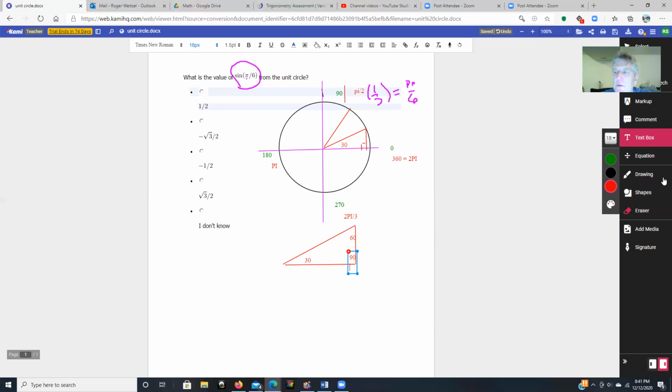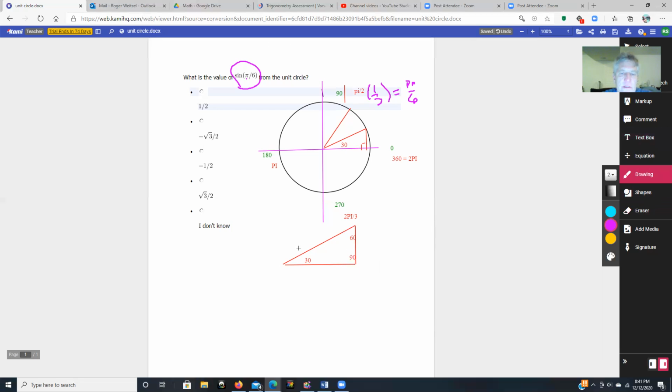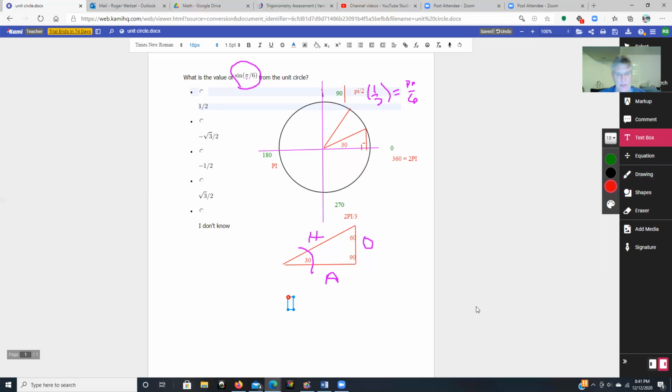What we're trying to do is to establish these sides. And I know that in relationship to this angle, this is the opposite side, this is the adjacent side, and this is the hypotenuse. And I also think that we've talked about SOHCAHTOA.